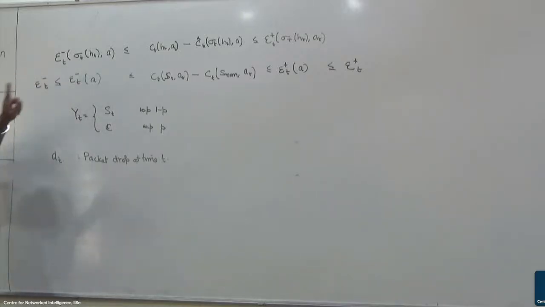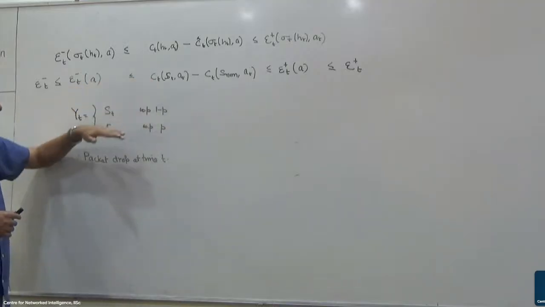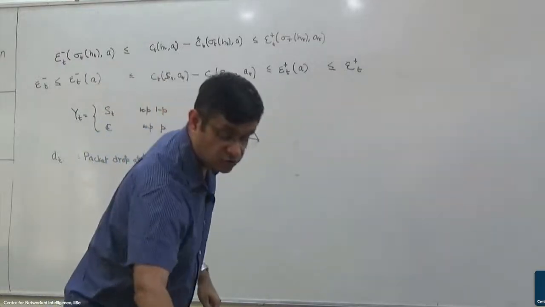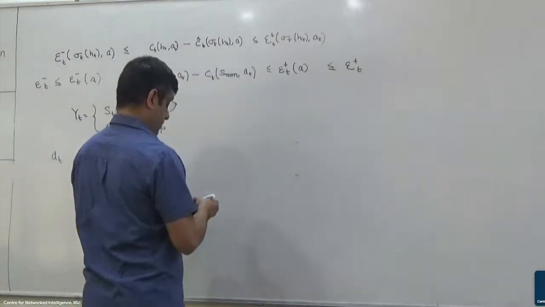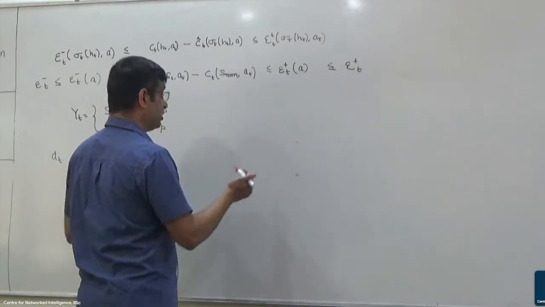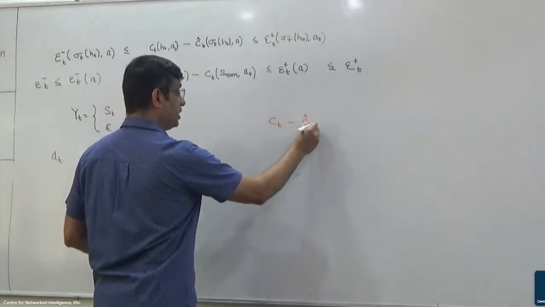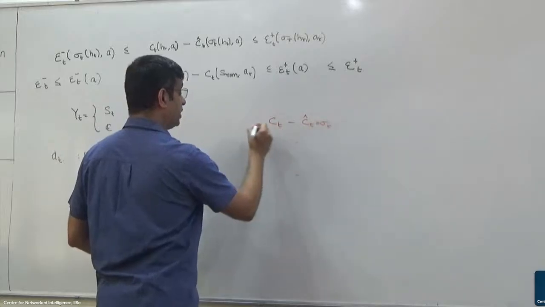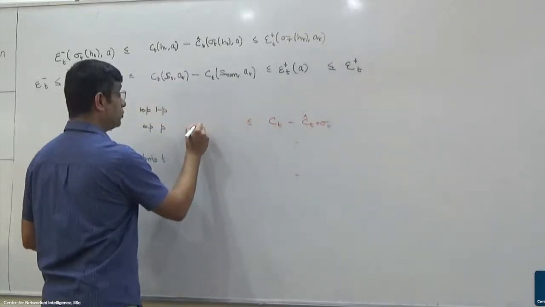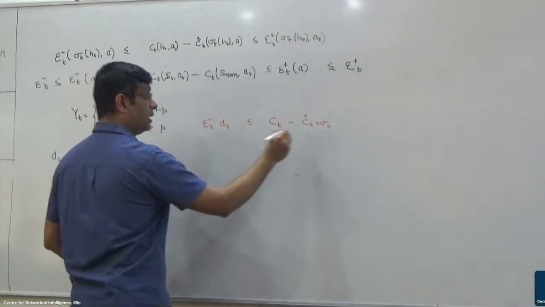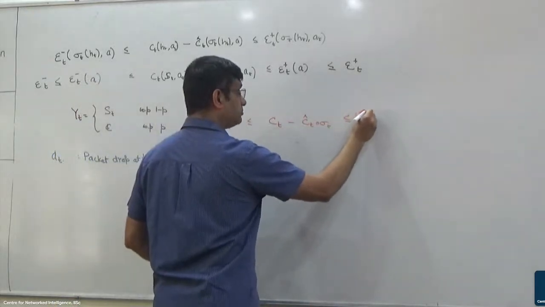What it does depend on is that I have separated out the packet drop. So my final bounds are going to look like, in vector notation, C_t minus C hat t composed with sigma t is greater than or equal to epsilon minus t times d_t and less than or equal to epsilon plus t times d_t.